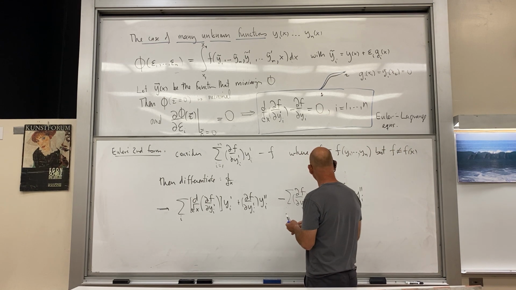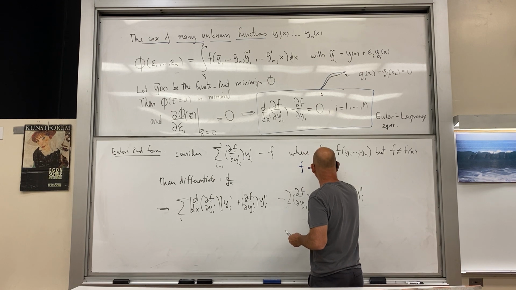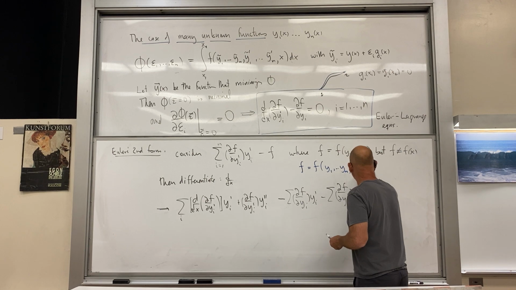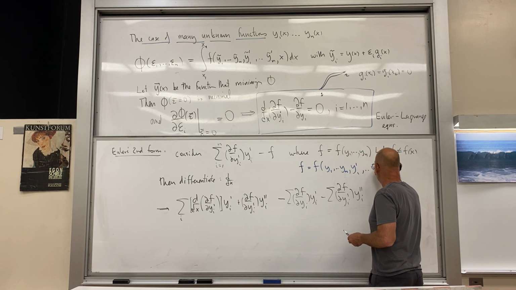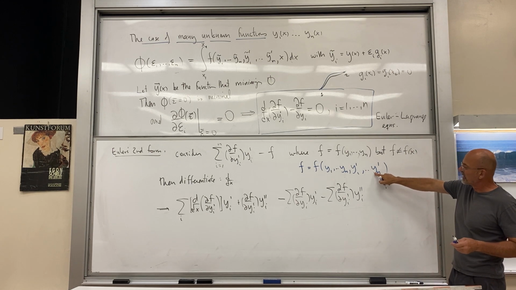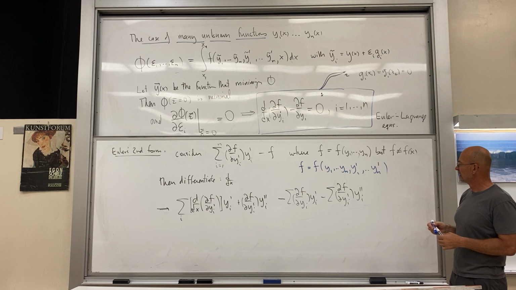You know, I made a mistake here, but I can catch it. What I'm looking at is f of y sub 1 to y sub n, and y sub 1 prime to y sub n prime, but no x. Okay, that's what I just took the chain rule of.